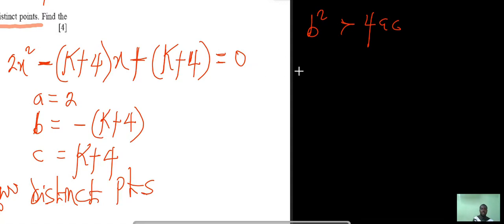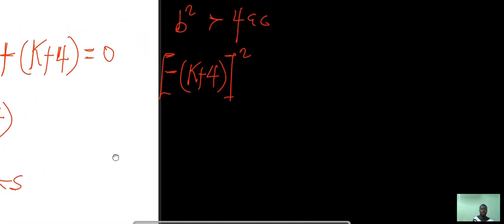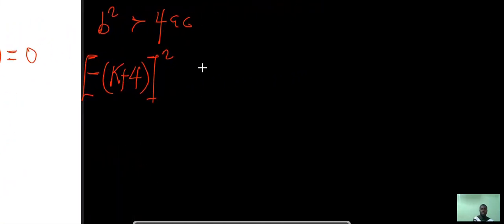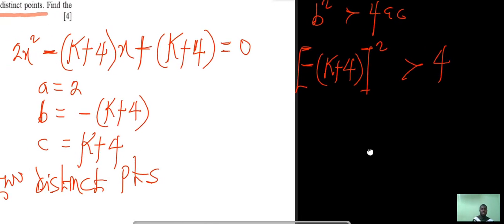B is negative k plus 4, so we need to be very careful here. This is the whole of b all squared, greater than 4 times a, which is 2. Let's check, c is k plus 4.